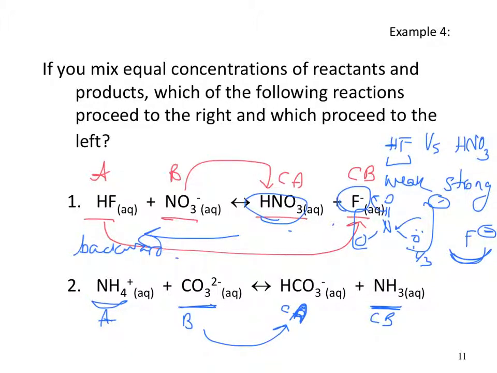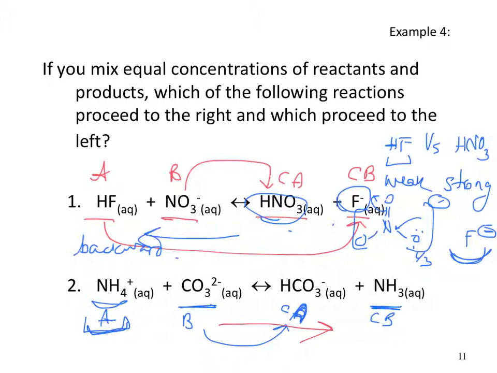If you look at the acidity of the NH4 plus and the bicarbonate, on one hand you have a positively charged acid, on the other hand you have a negatively charged acid. A couple minutes ago, when I was telling you characteristics of good acids, I said those should have a positive charge. Negative charges are usually better bases, and so hopefully you can see ammonium is going to behave as a better acid, and ammonium is going to react with the carbonate to give you the bicarbonate and ammonia. So the reaction is going to go in the forward direction in this case.